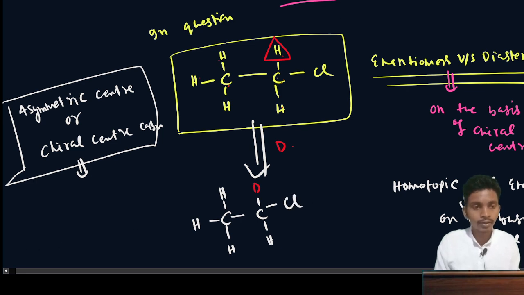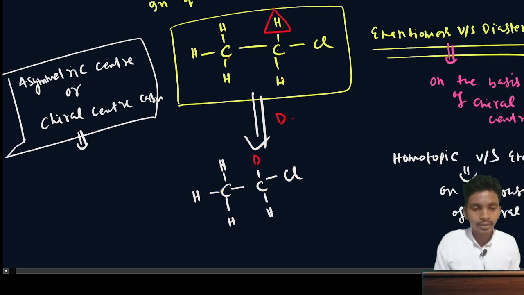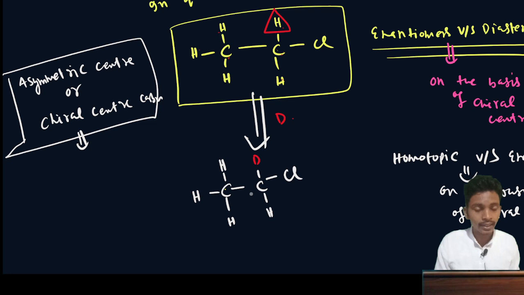So now after modifying, is there any chiral center present? Here, at that chiral center, I did not make any modification. Here I did the modification. So is any chiral center present? Let's see whether all the atoms are different or not. Here, here, here, so all are different.